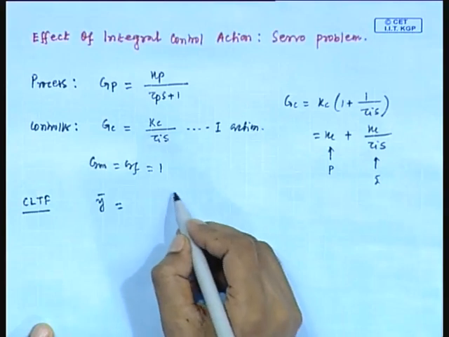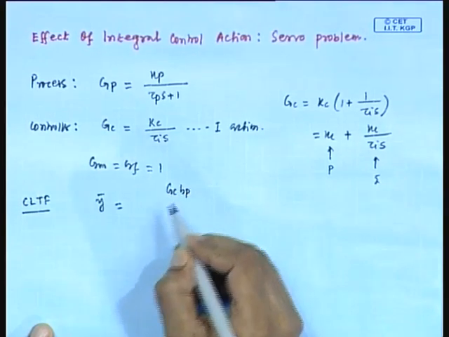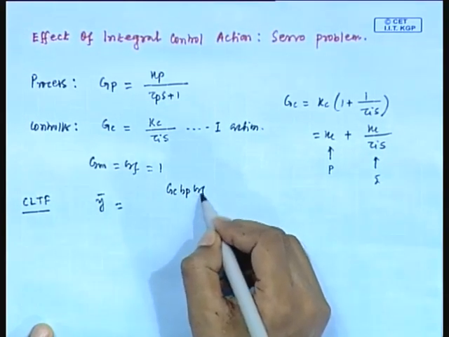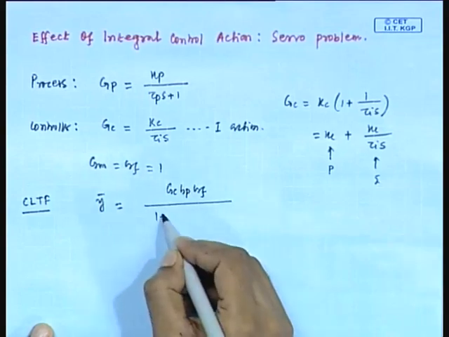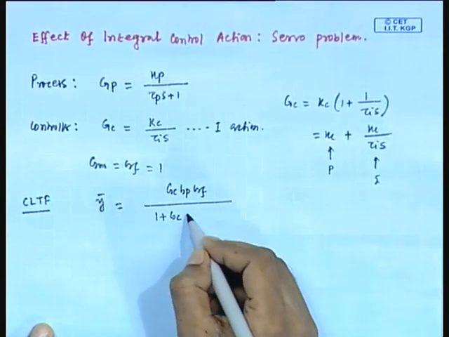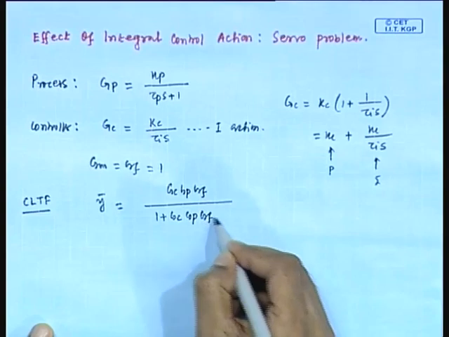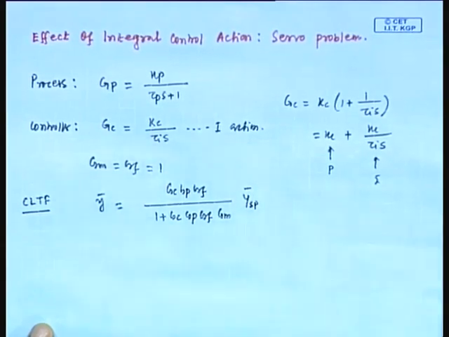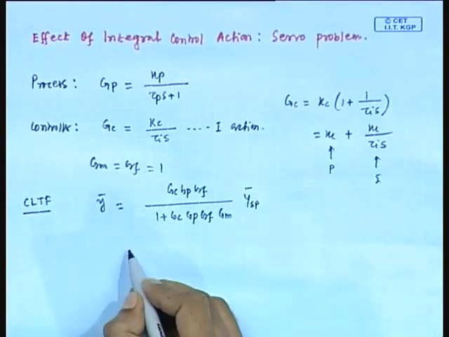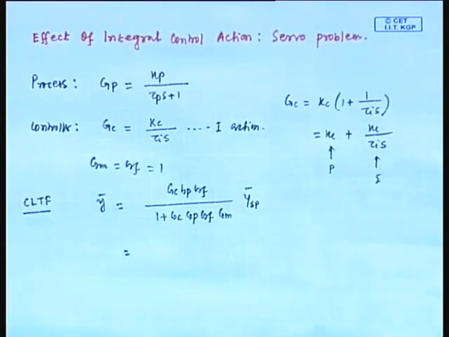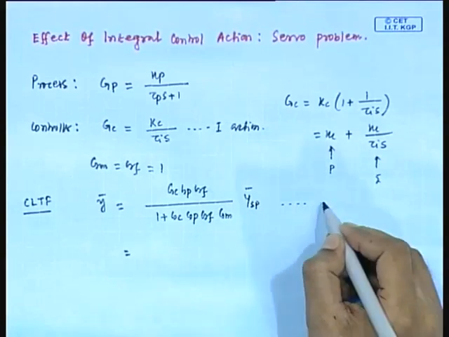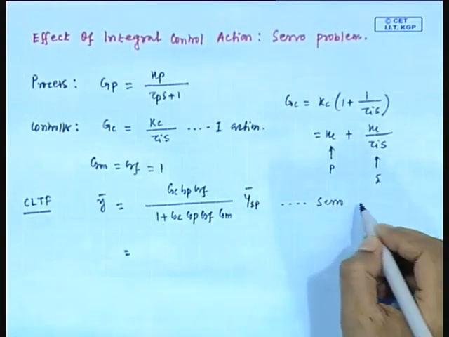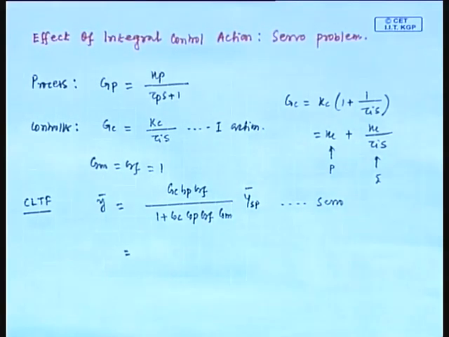The general form is Gc Gp Gf divided by 1 plus Gc Gp Gf Gm, times y set point bar. Now we will substitute the individual transfer functions in this closed loop transfer function for the case of the servo problem.